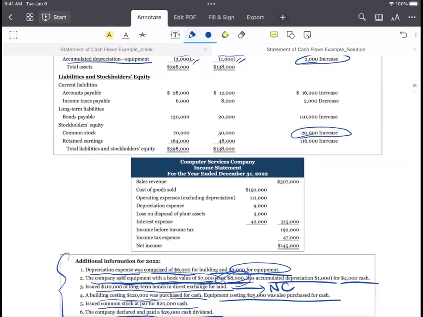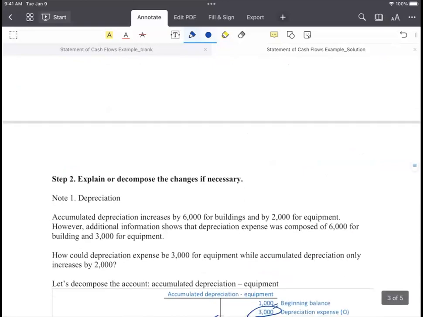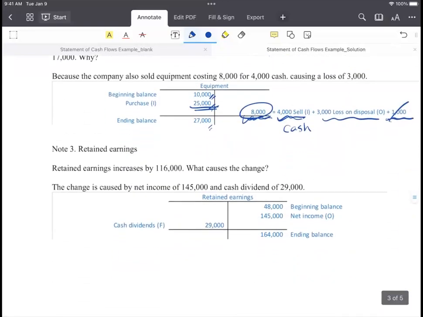So here we need to decompose the retained earnings account, this 116,000. Specifically, the beginning balance of retained earnings is 48,000, the ending balance is 164,000, and the increase in retained earnings comes from 145,000 net income, and it is reduced by 29,000 of cash dividend payment.